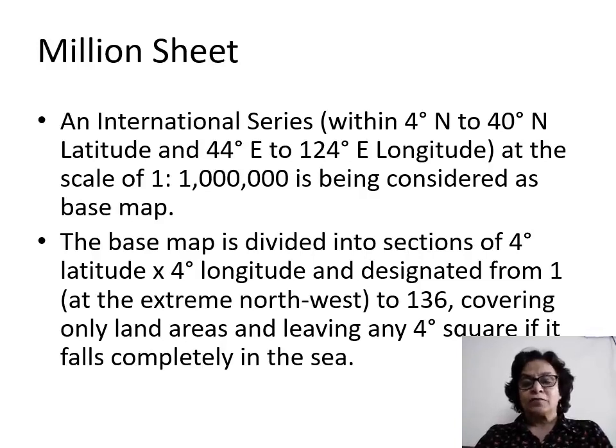The number of these maps is from 1 to 136, and it covers only the land areas, leaving out the squares which fall completely into the sea. The numbering begins from the extreme northwest corner and comes to the southeast corner.